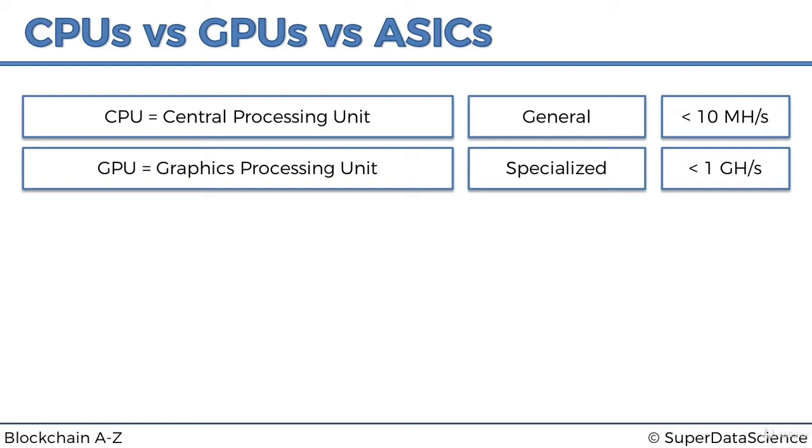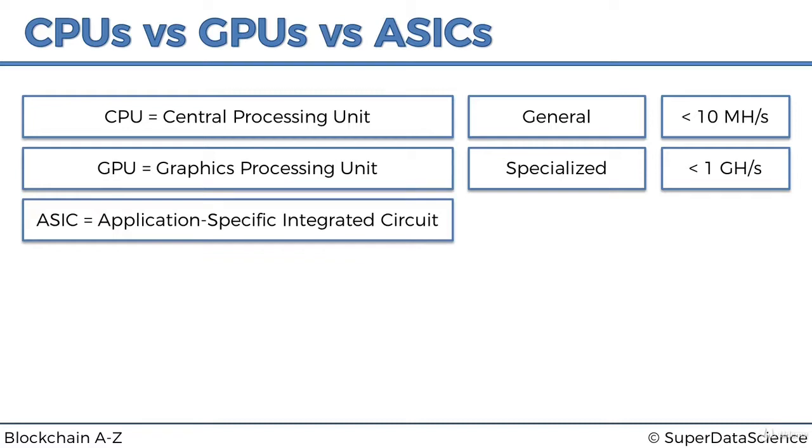And then in 2014, something incredible happened. The first ASIC device was shipped to a consumer in January 2014, and that changed the world of Bitcoin mining forever. ASIC stands for Application Specific Integrated Circuit. These devices are totally and utterly specialized for one thing and one thing only, and that is to calculate the SHA-256 hash.